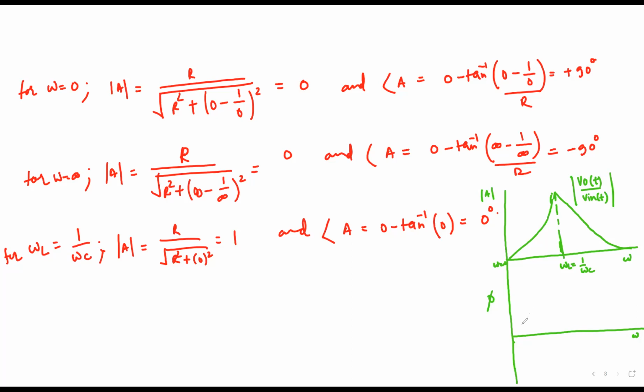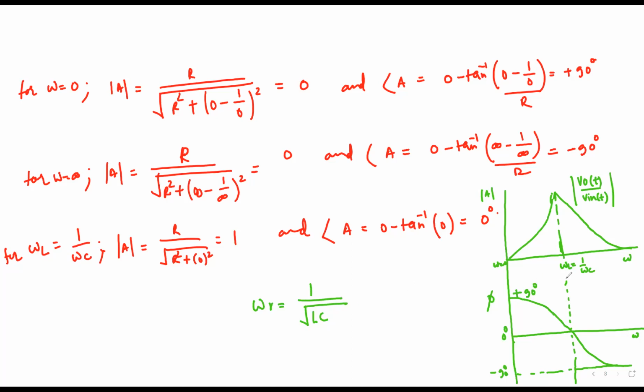And for the phase, at omega equal to 0, the phase starts at plus 90, passes through 0 at the middle frequency, and approaches minus 90, as we've seen. So this is your plus 90 degree, this is your 0 degree, and that's your minus 90 degree. All right, so we've solved this, and remember we have this resonant frequency omega r, which is given by 1 over square root of LC.